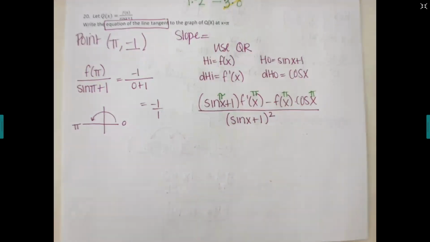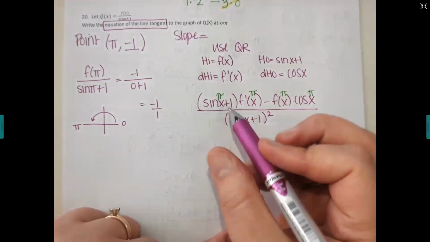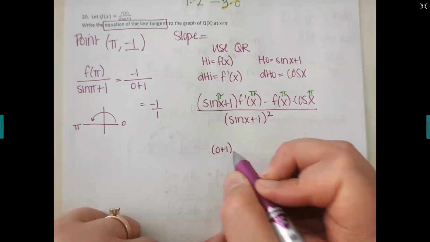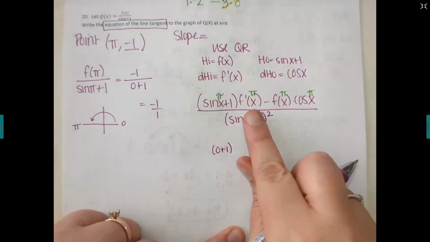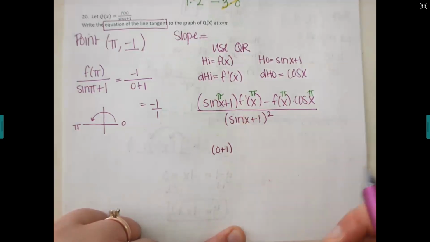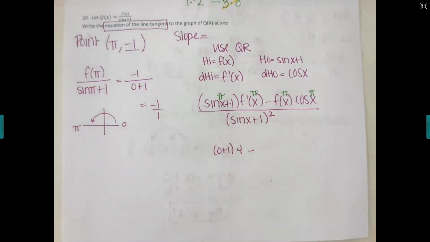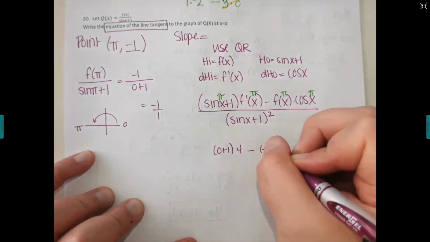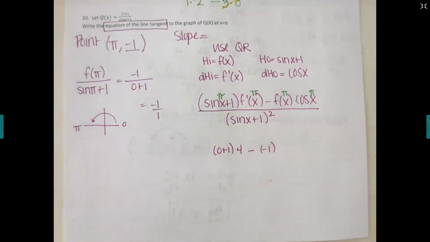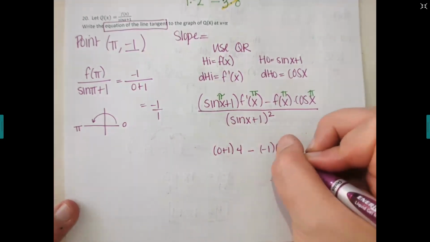Then that's going to be 0 plus 1, which we know is 1, but I'm going to write both. What is f prime of pi? You're going to use the chart for that. 4. F prime of pi is 4 minus. Now I want regular f of pi. What's regular f of pi? -1. And then what's the cosine of pi? -1. Very good.